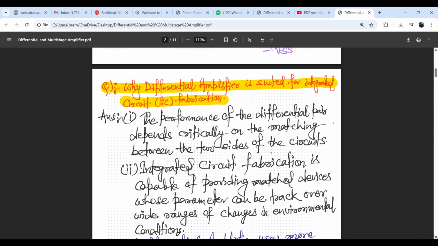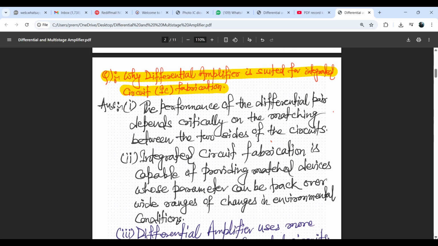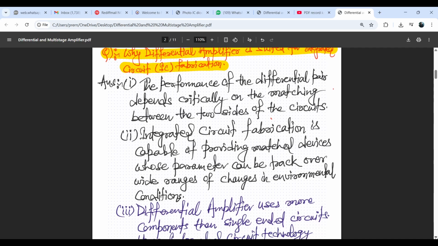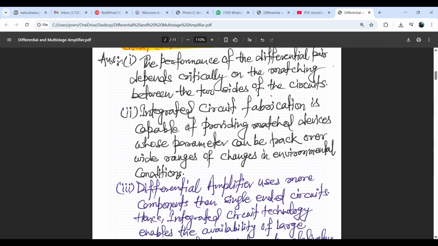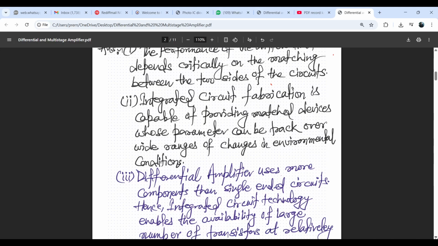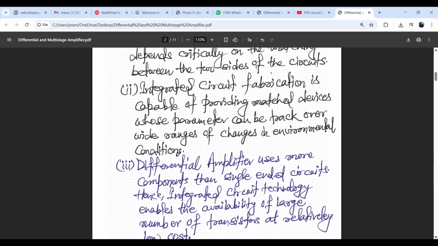So basically IC fabrication is capable of providing matched devices whose parameters can be tracked over wide ranges of changes in environmental conditions. Next point, a differential amplifier uses more components than a single-ended circuit. So that's why we have to go for integrated circuit technology, because IC technology enables the availability of a large number of transistors at relatively low cost.